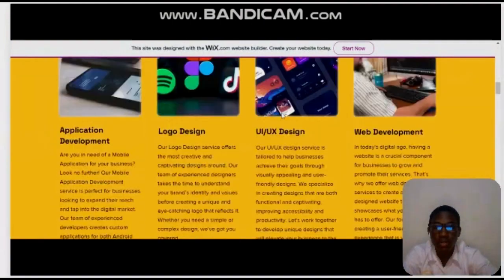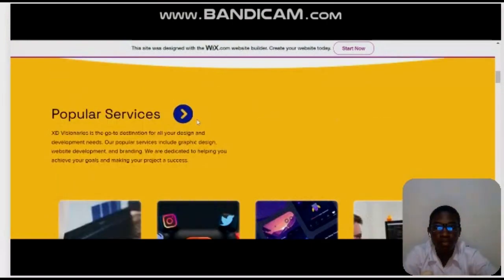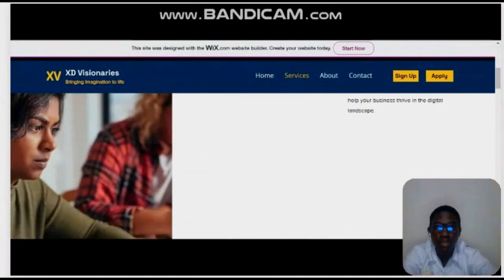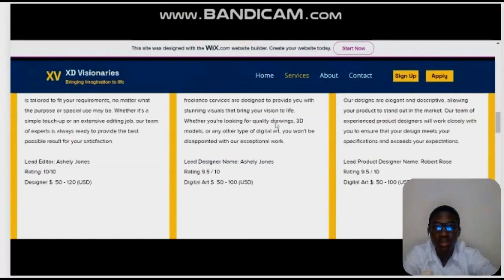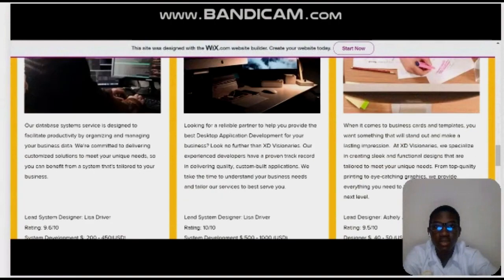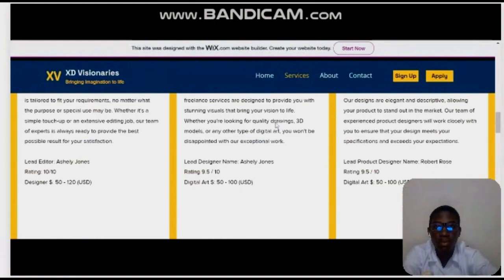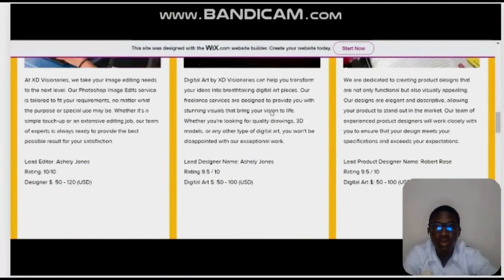So, if we go further into the contents of the page, we see that we have our services section. The services section of the page basically depicts each service that the platform offers. It allows users to hire.